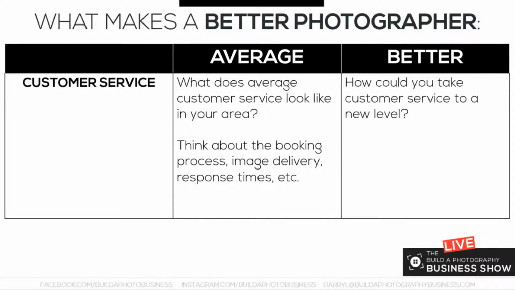So how would you step up to a new level? And what would you do with customer service to go from down here to up here? Okay, and again, don't worry at this stage about how you'll deliver that level of customer service. Just try and define what you could be doing, and you can figure out how you'll do that later on.